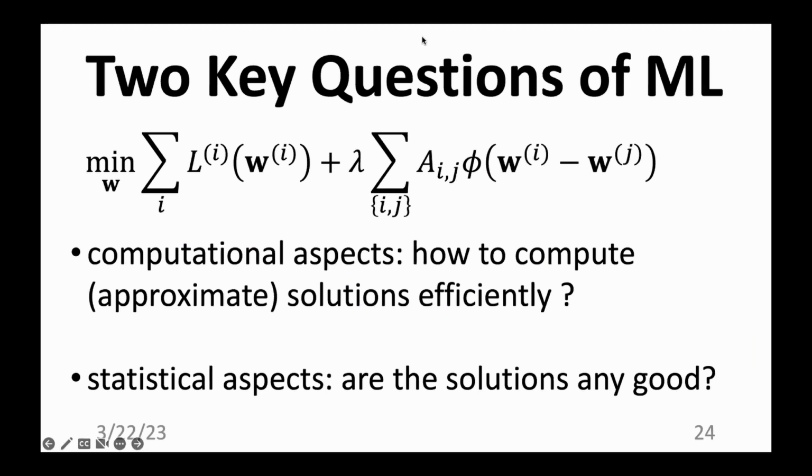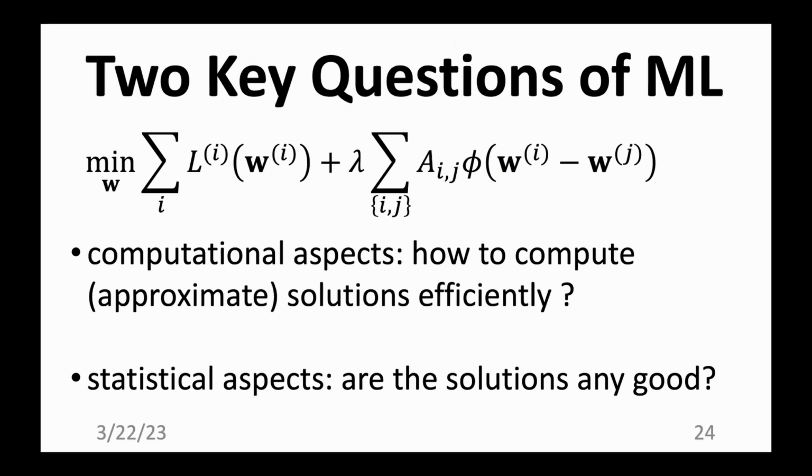Okay, so now we have our design principle, and not too surprisingly, the design principle is an optimization problem, as always in machine learning. Most machine learning models are optimization models, such as empirical risk minimization. And here another variant of an optimization problem is this generalized total variation minimization.